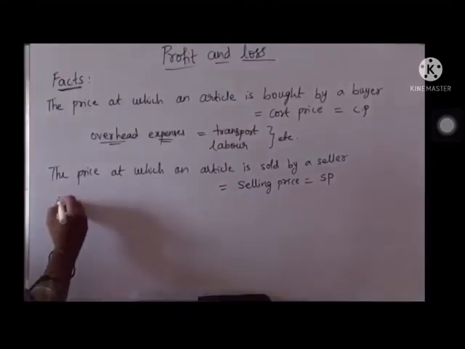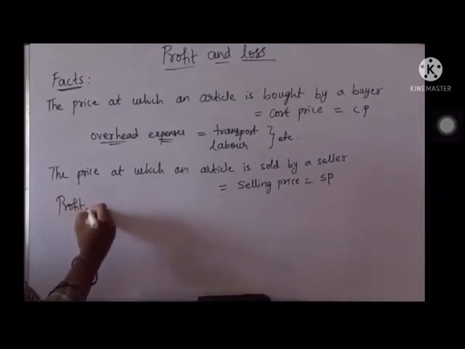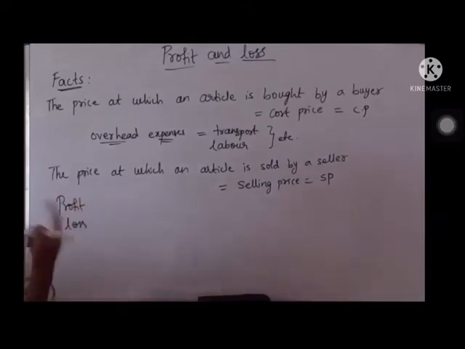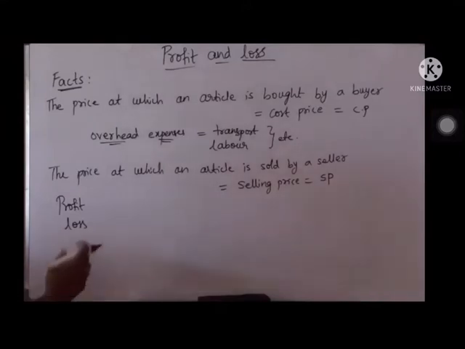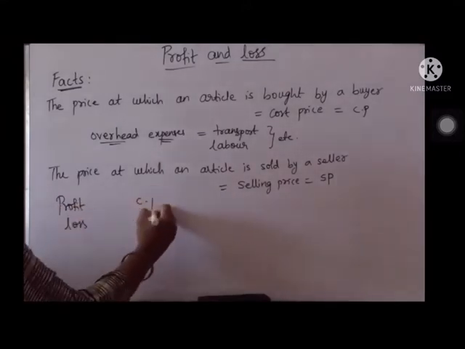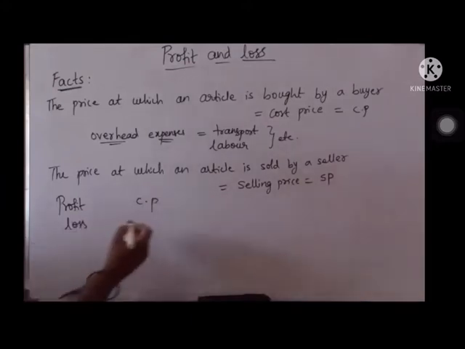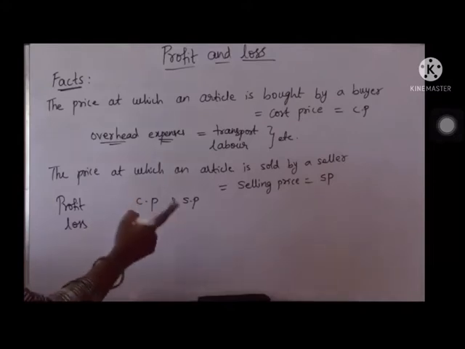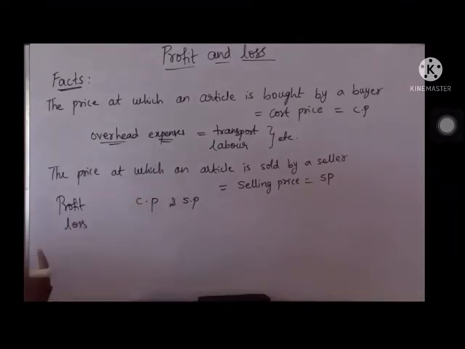Now these profit and loss formulas are used in mathematics to determine the price of a commodity in the market and understand how profitable a business is. So every product has a CP and SP, yes or no? Yes, every product has a CP and SP, meaning cost price and selling price.